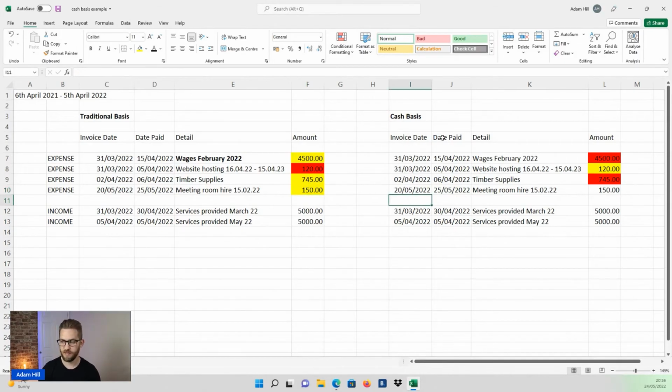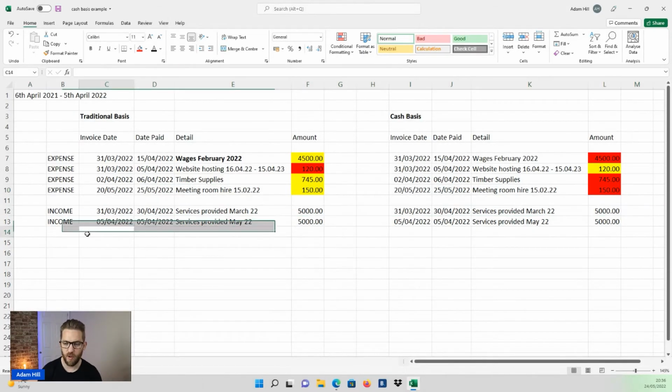On the cash basis, we're only interested in one column, and that's this column here, the date it was actually paid. So we're not going to include that because May is outside of our accounting period. So again, it's the opposite treatment. Okay, and you can see how different the two methods are.